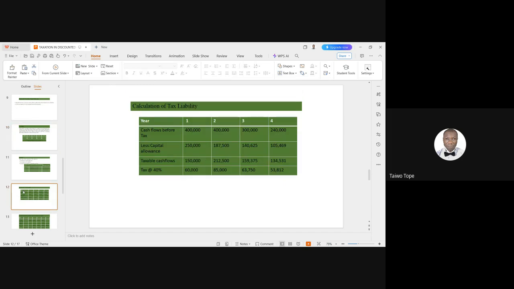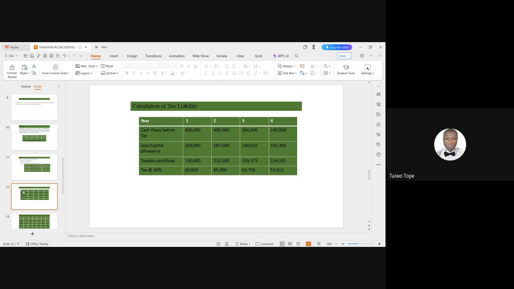Now, for you to determine your taxable cash flow, you need to deduct your capital allowance from your cash flows. In year one, we have 400,000 less 250,000. Taxable cash flow will be 150,000. Year two, 400,000 less 187,500, taxable cash flow will be 212,500.